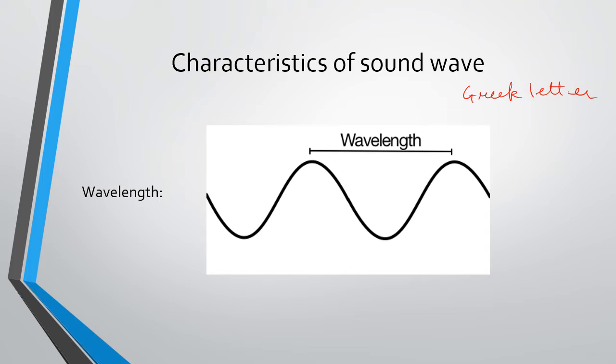It is denoted by the Greek letter lambda. So, understood what a wavelength is? The wavelength of a sound wave is the distance between two crests. This was the first characteristic of the sound wave.